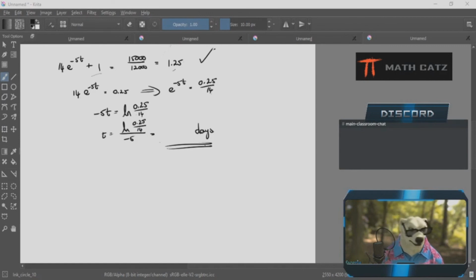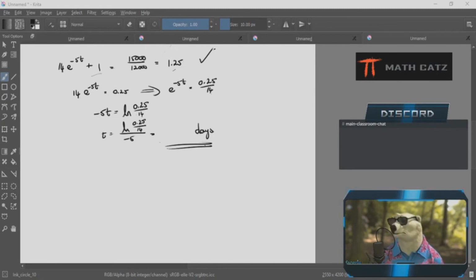Natural log of 0.25 divided by 14. And we're dividing all of that by negative 5. MathBot, are you going to... I think I'll just redo it.